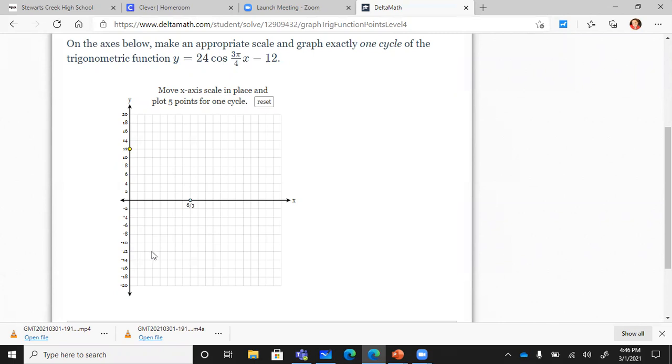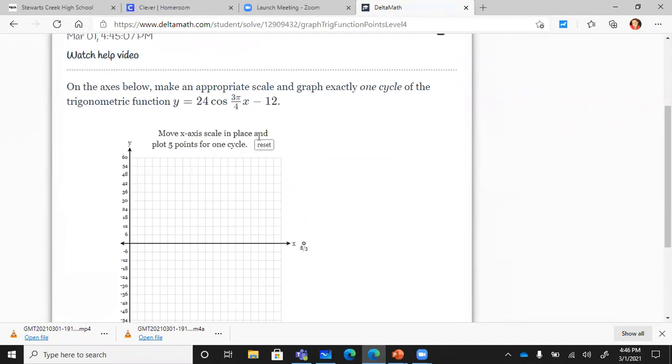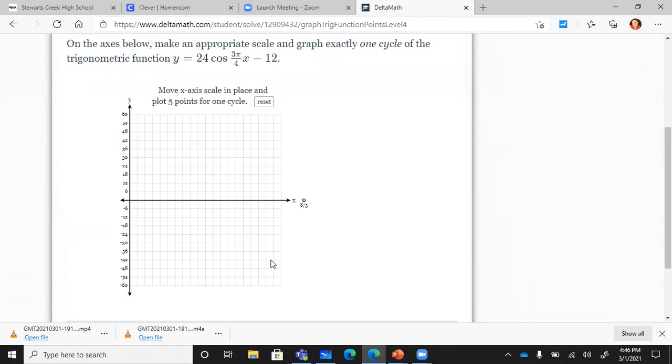But negative 12 down, okay, I don't have enough room, do I? So I think we need to reset this. So maybe we do this in terms of, what do you guys think? I don't know, 6. And this is still 8/3. Yeah, that'll do.